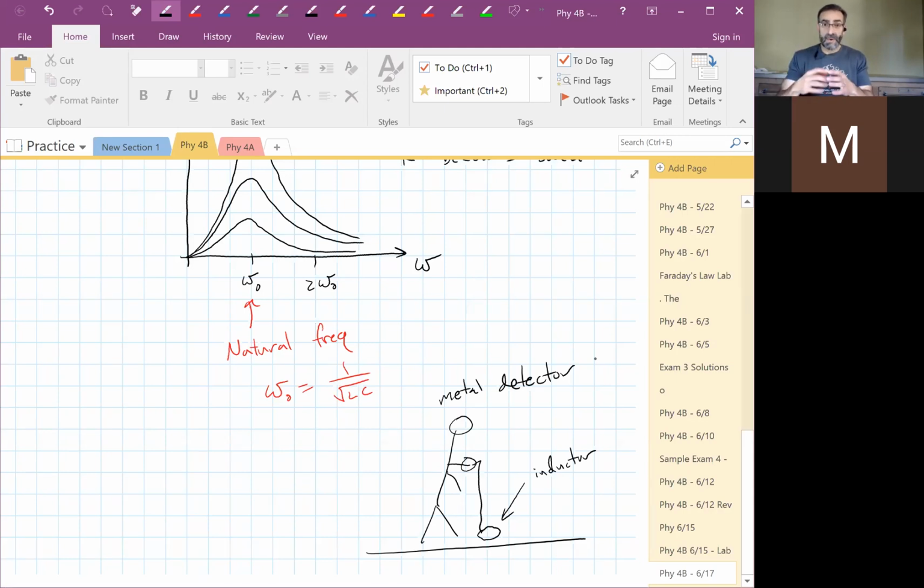Well, if you take a coil of wire, an inductor, do I have my circuit here? This is the circuit that was used in the lab.